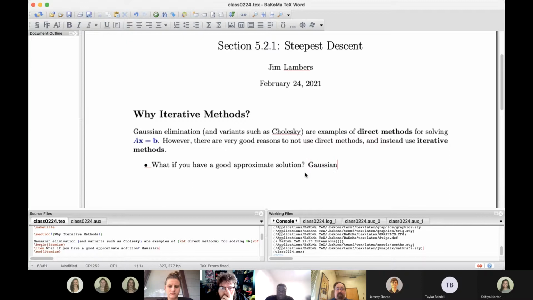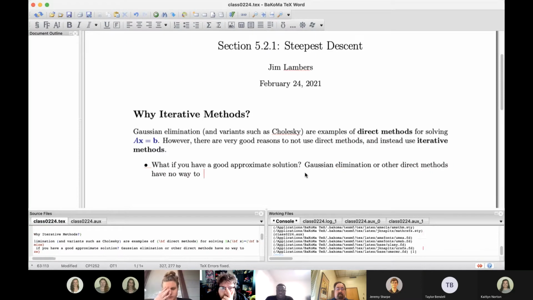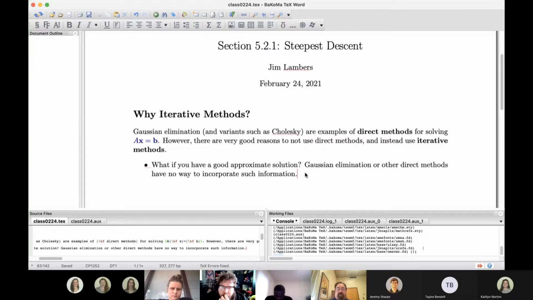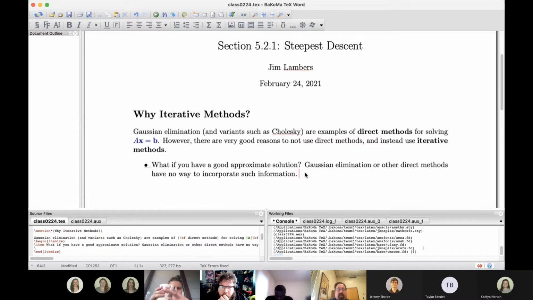Well, Gaussian elimination and methods like it don't let you take advantage of that extra information. There's no mechanism for taking a known guess and refining it. So that's reason number one.